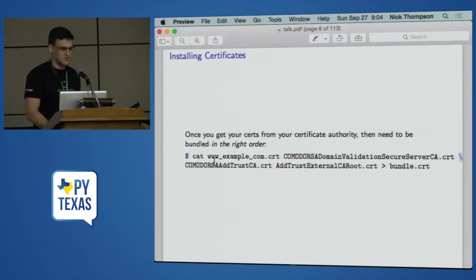And then you're going to go through some sort of rigmarole with your certificate provider, and they're going to send you these certifications. Since I got a $5 certificate, I got it through Komodo, and they sent me this zip file that had all these files, and you need to then create a bundle so that your server can find it.